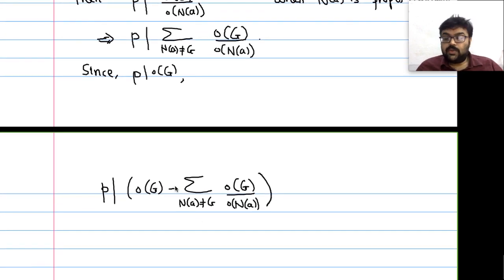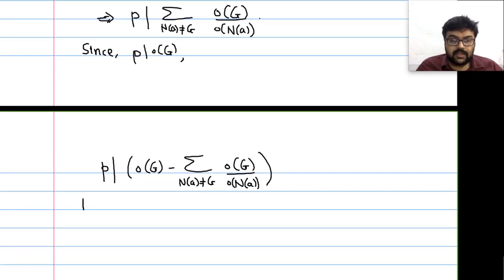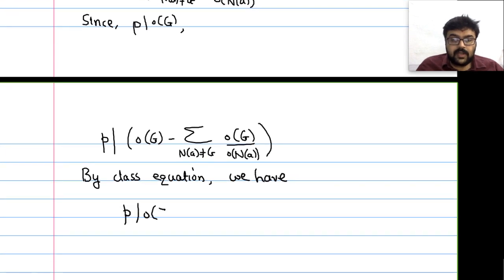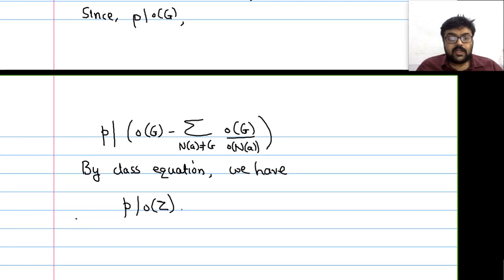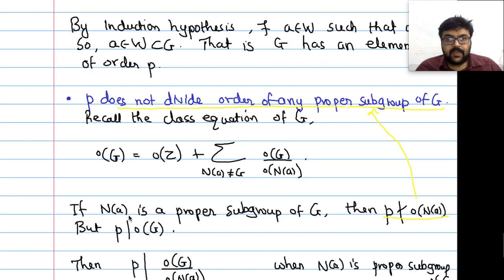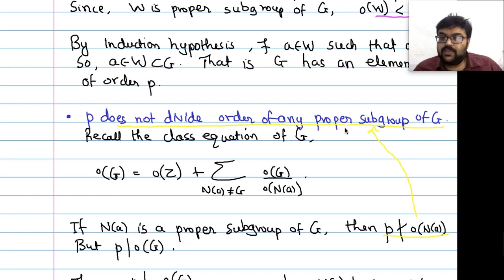So by class equation, what is this going to be? This is going to be order of Z. So by class equation, we have P divides order of Z, and Z is a subgroup of G. We are in the case where P does not divide order of any proper subgroup of G, but Z, the center of G, is a subgroup of G, and P should not divide it if it is proper.